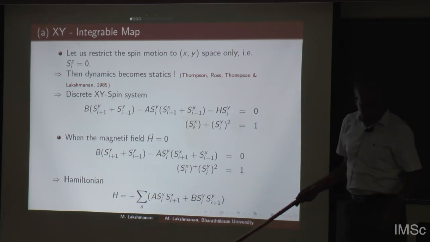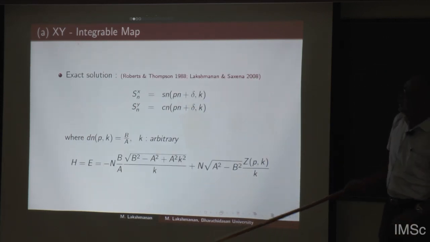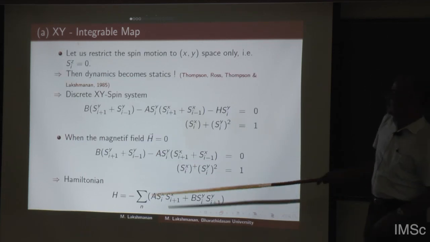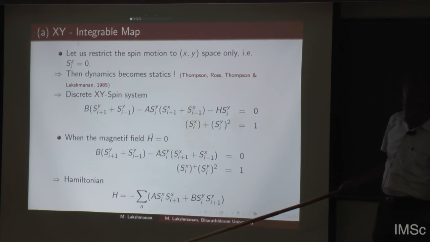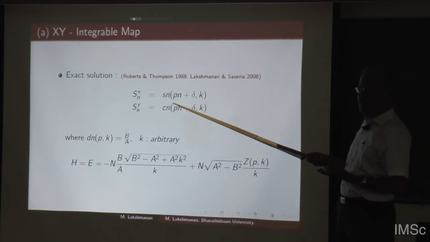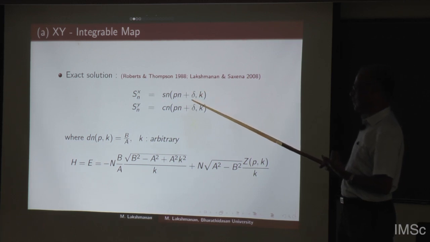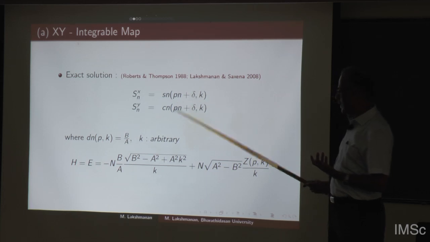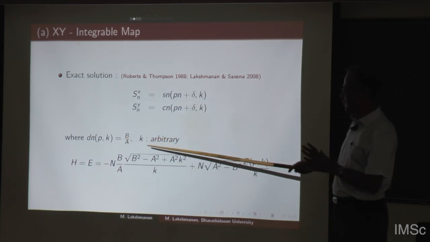Now the Hamiltonian is given in this particular form. In addition to that, this equation also admits interesting solutions. One can write down, in terms of elliptic functions, spatially varying solutions, where dn is, well, this k is related to this quantity, so I am not going into that.